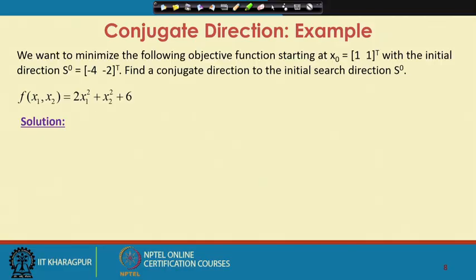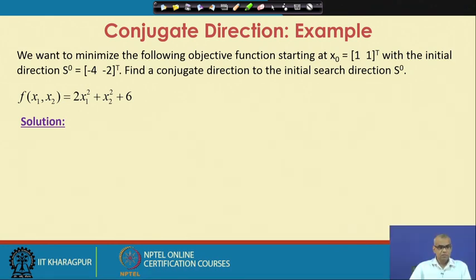So, if we take a numerical problem, it will be clear. Let us say that we want to minimize the objective function 2x1 square plus x2 square plus 6, starting from x0 equal to (1, 1), with the initial direction (-4, -2). Find a conjugate direction to the initial search direction S0.